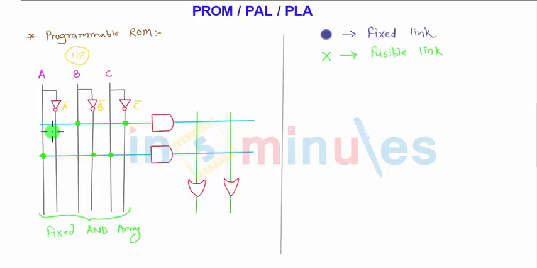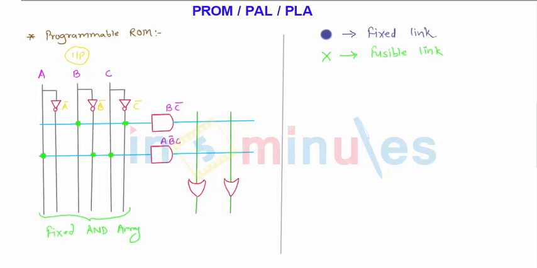This joint cannot be altered, which is shown by a dot. And the next one means this AND operation what I have here is due to these dots, and A bar is not associated, B and C bar. So this AND product I will get B C bar, and for this AND I'll get A B bar C.